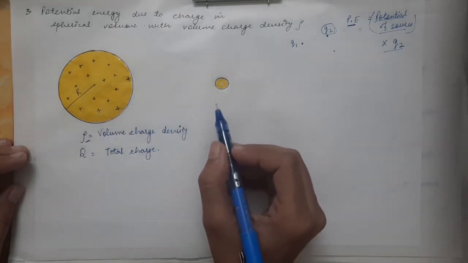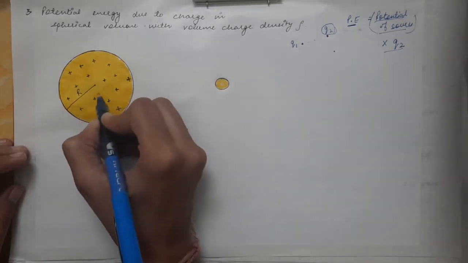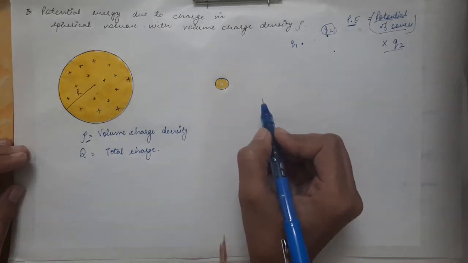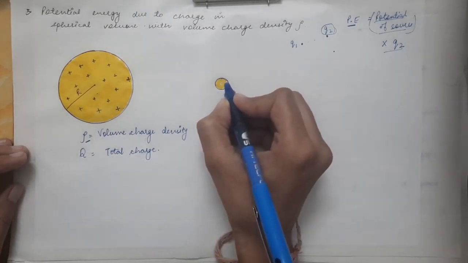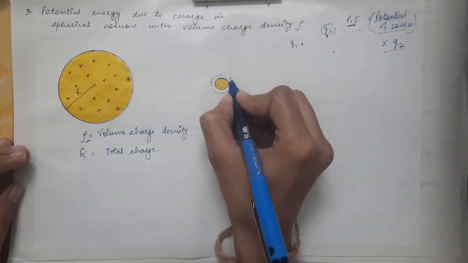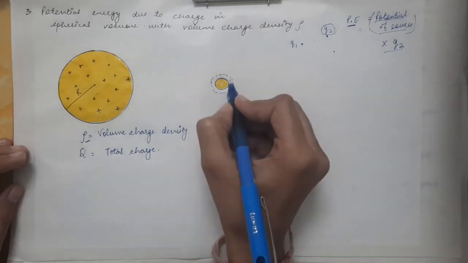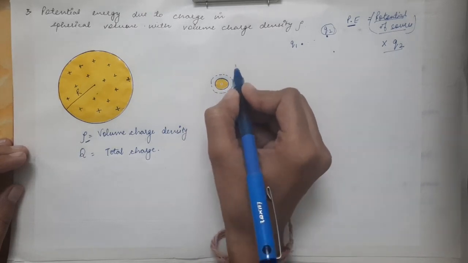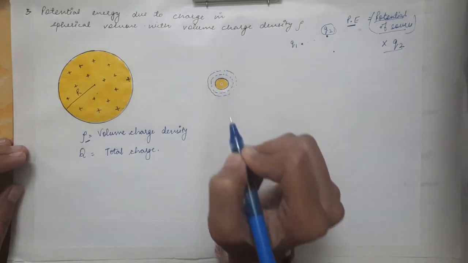The procedure is, first of all, we will take a small section. Let's say we take a small spherical section from this sphere. Now we are going to bring the rest of the charges in the form of shells. Let's say I bring the charges in the form of a shell and assemble it over the small sphere. Similarly, I will bring another layer of charge and assemble it over the previous sphere.